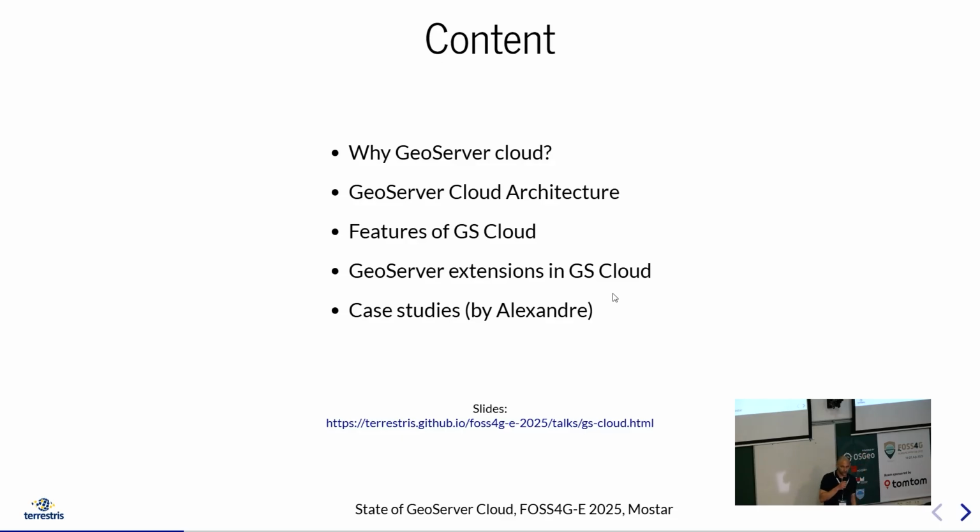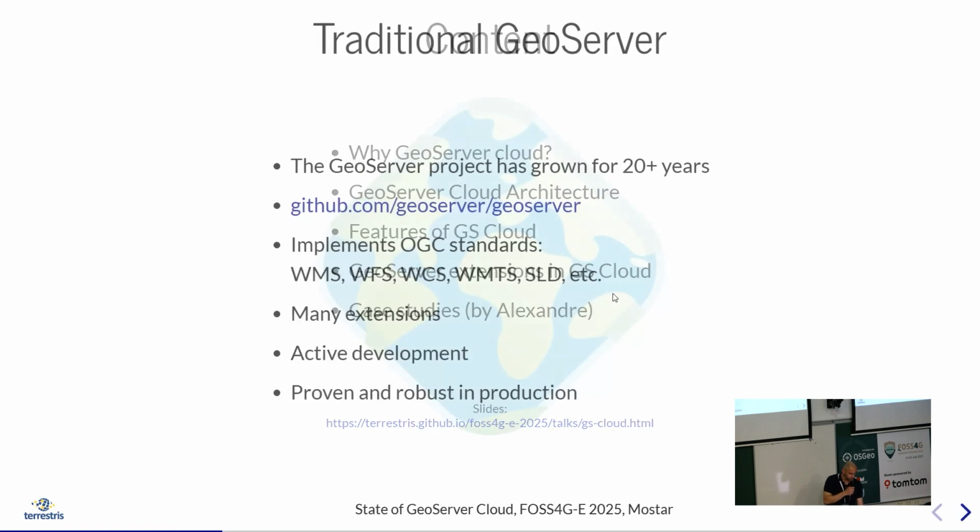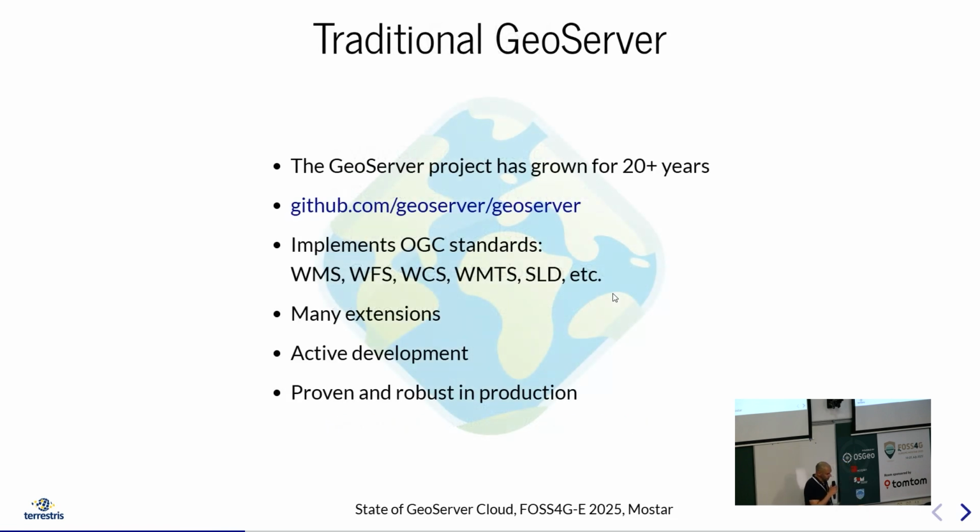Okay, that's what I expected. So you know there are extensions for GeoServer, but in GeoServer Cloud, as we have a distributed environment, things are a bit different. So that's what I will talk about, and then I will pass over to Alexandre to see the case studies. You will find these slides. They are HTML-based on GitHub, but we also converted them to PDF and uploaded them on the platform.